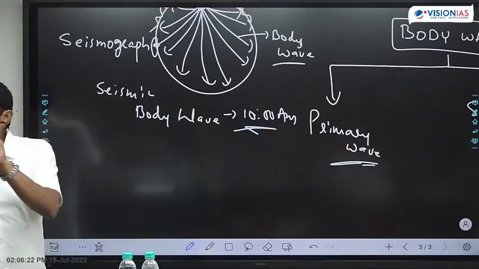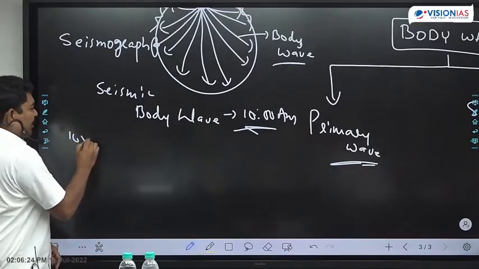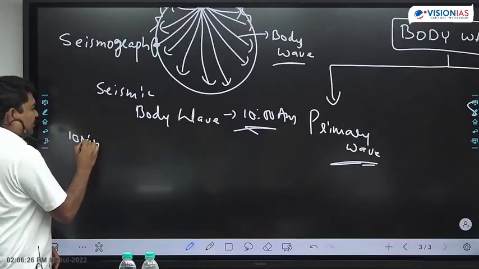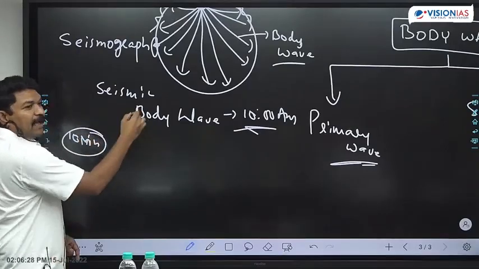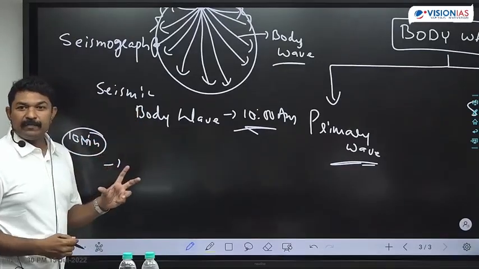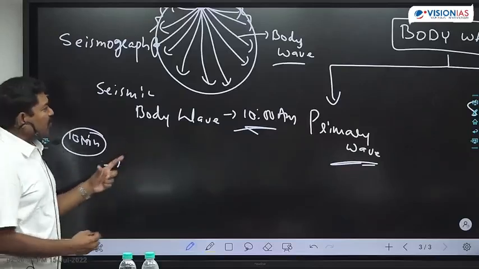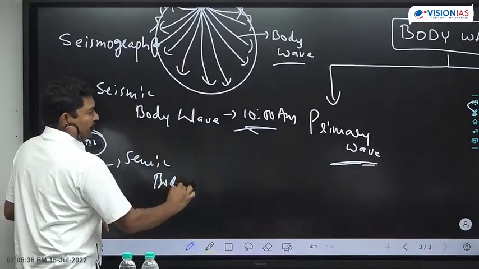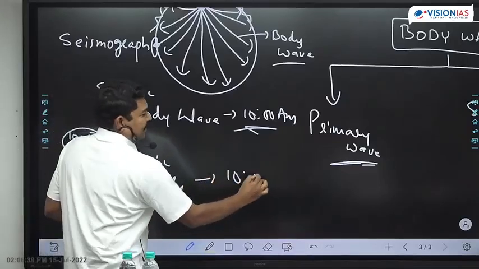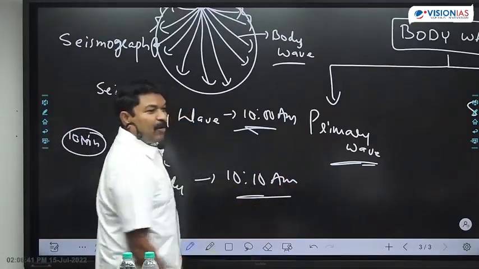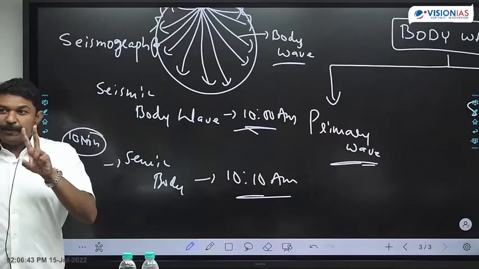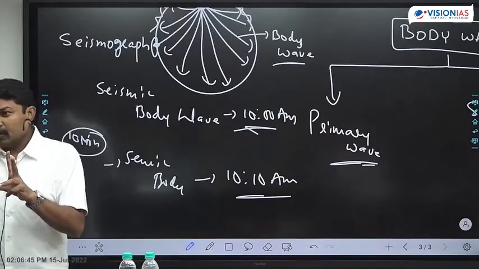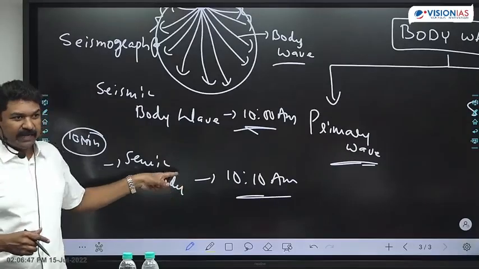But after a certain time gap, maybe after 10 minutes, the seismograph started recording one more wave. These people again mentioned that a seismic body wave reached at around 10 a.m. Meaning what? For these people, there should be two earthquakes, and only then would two waves be hitting this area.